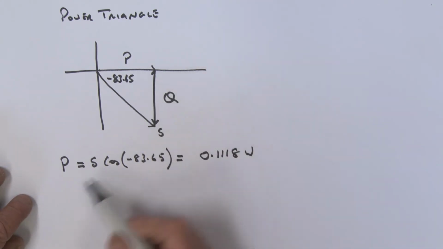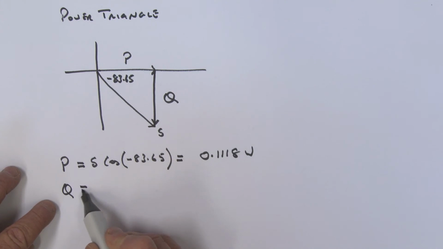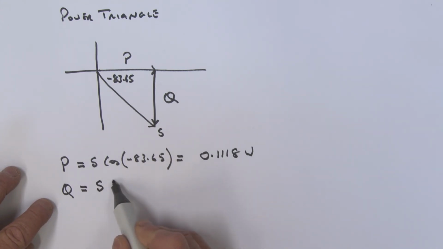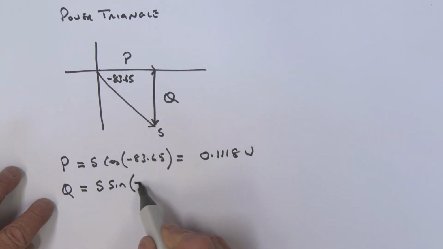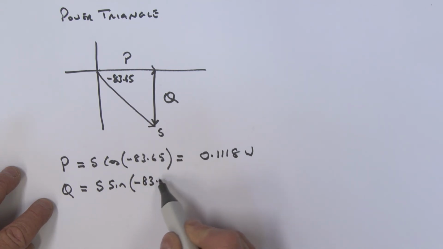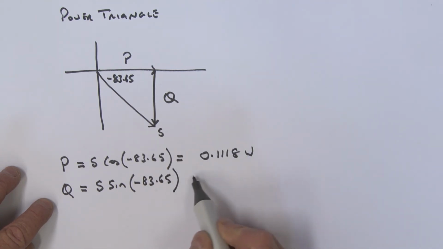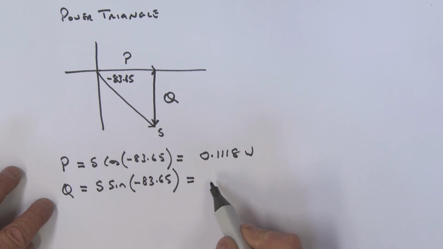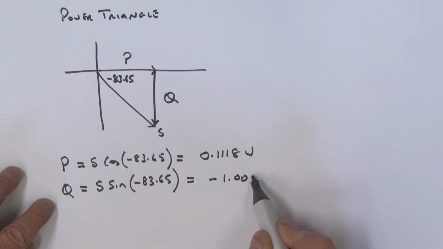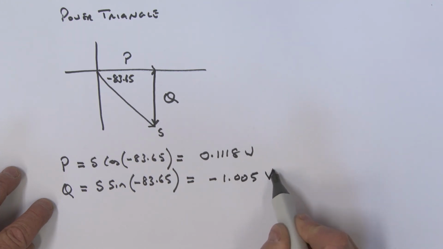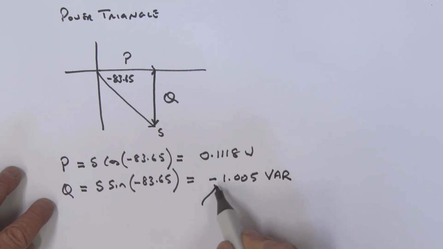The reactive component Q is equal to, once again, S times the sine of that angle, minus 83.65. And if we work that out, that comes out to a minus 1.005. Again, the units here being volts, amps, reactive. This minus sign over here indicates that really the load here is a capacitive load.